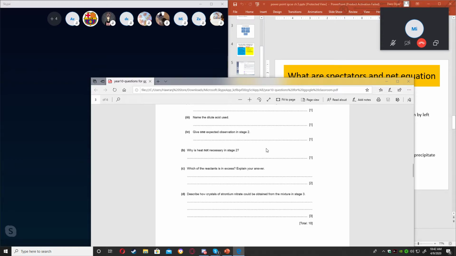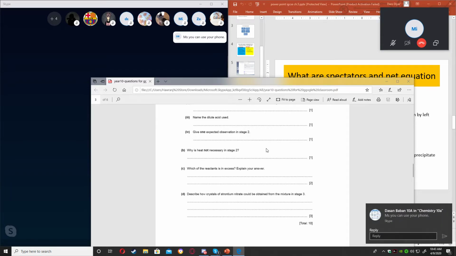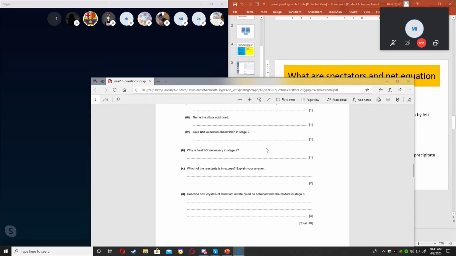Whenever the gas is released, it is an exothermic reaction. We don't need further heating. In that case, we have a very strong acid, nitric acid, and it is an exothermic reaction, so we don't use heat in that stage. Okay. Now we will see.